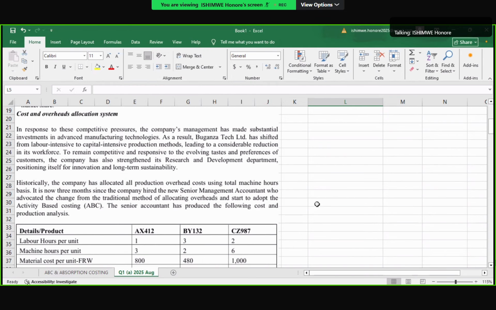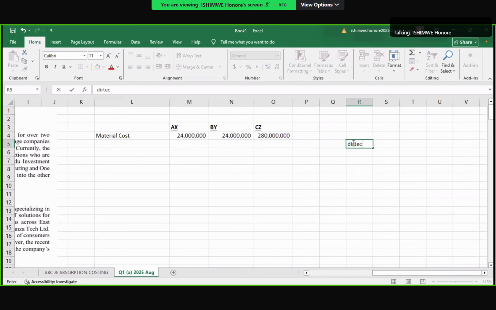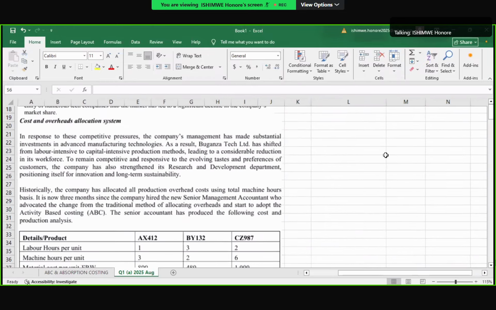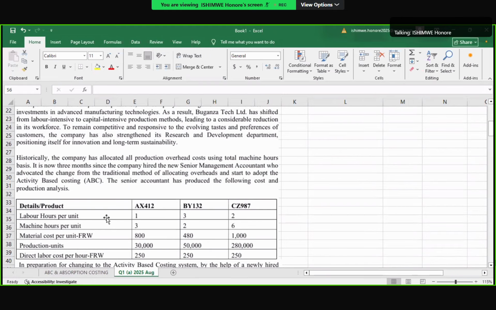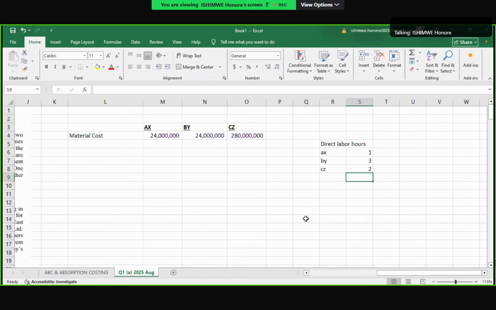You see, let me write here direct labor hours. We may need it. This is for AX, this is for BY, this is for CZ. So for each, they say labor hours per unit, it is 1, 3, and 2. And how many units?